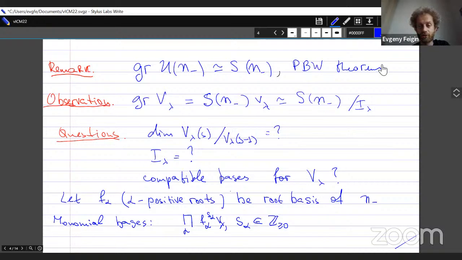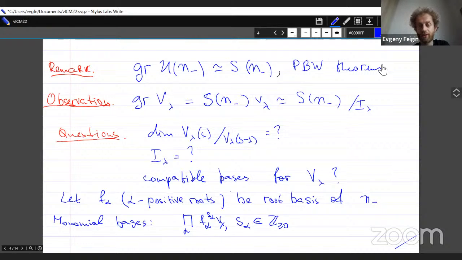Yes, so we are given a lambda, which is the dominant integral weight, and given such a lambda, we want to say what collections of non-negative integers s_alpha, alpha being positive roots, we have to take to obtain a monomial basis.